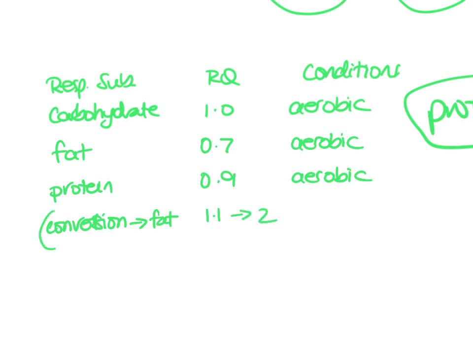This next one, you can just put in brackets, conversion to fat. So we're talking about organisms going into hibernation. And then it can go anything from 2 up to 7.